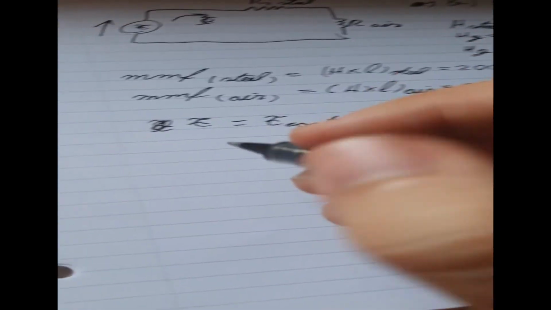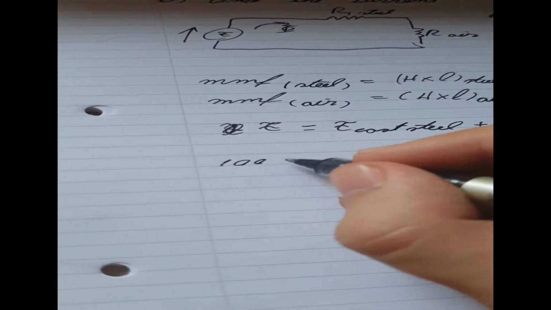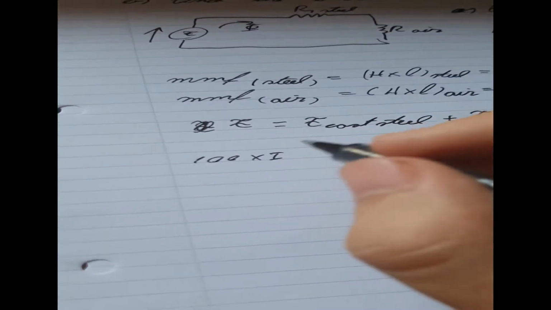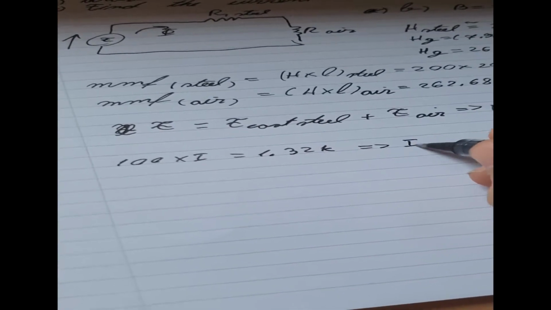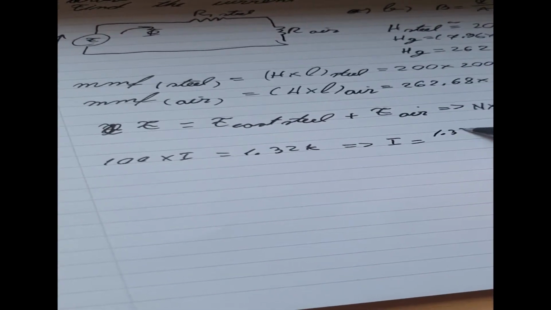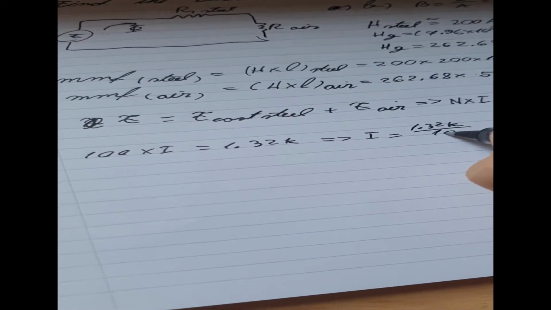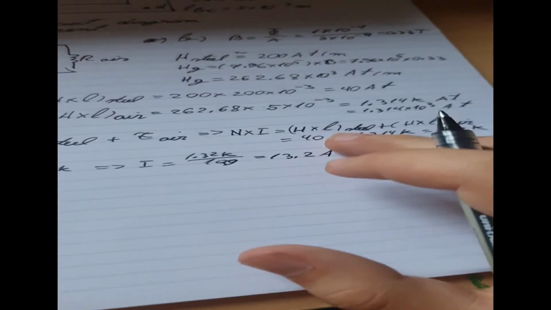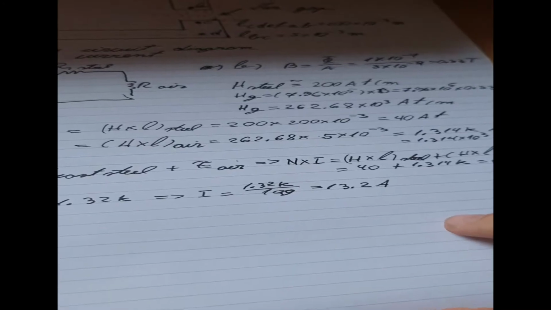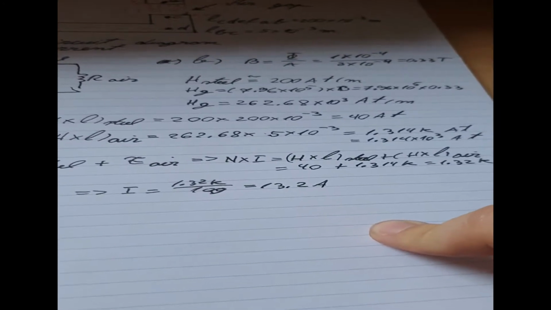Okay, so now we can rewrite it as 100 multiplied by I, so basically 100I equals 1.32 K, and therefore, surprisingly enough, 1.32 K divided by 100, it requires only 13.2 amps to go through it, which is quite amazing. We can write down the values if you want.